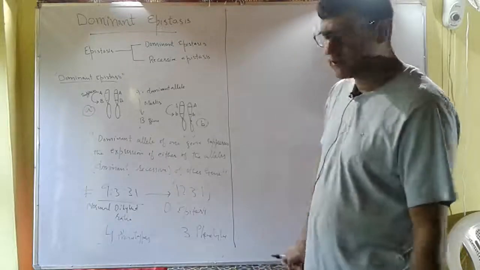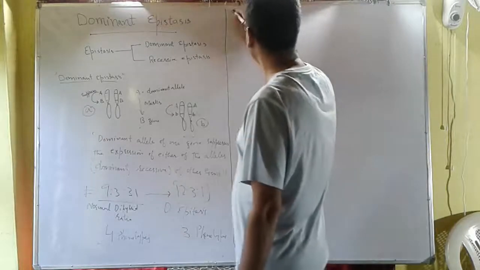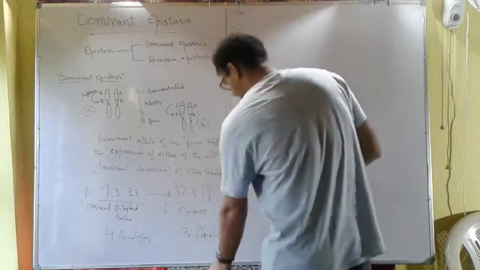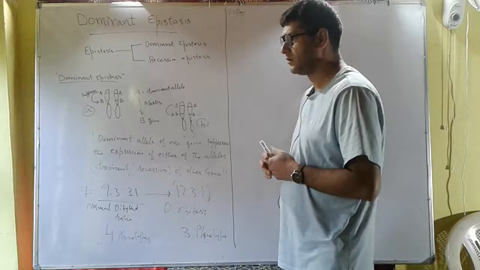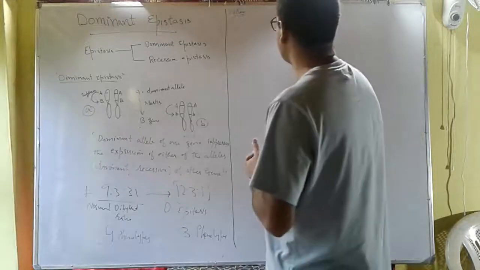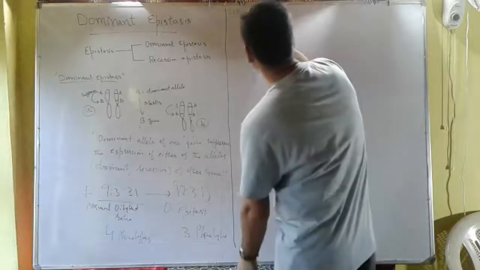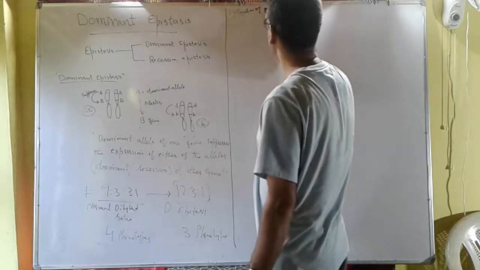I will explain this dominant epistasis by means of an example. We'll take fruit color in Cucurbita pepo as the example of dominant epistasis.